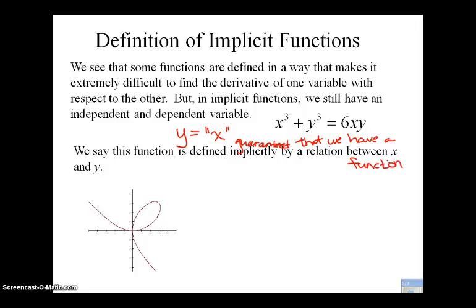There are some subtleties we'd have to look for, but most of the time I'm dealing with a function. In other words, one x value yields me one unique y value. I pass the vertical line test with most explicit functions, most elementary explicit functions.